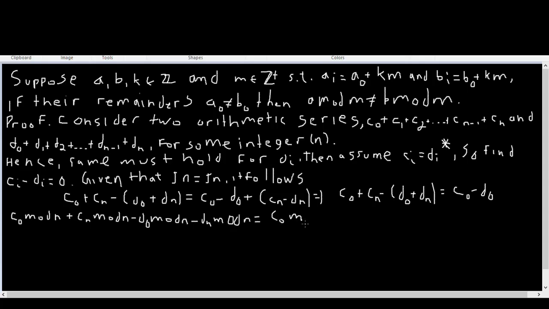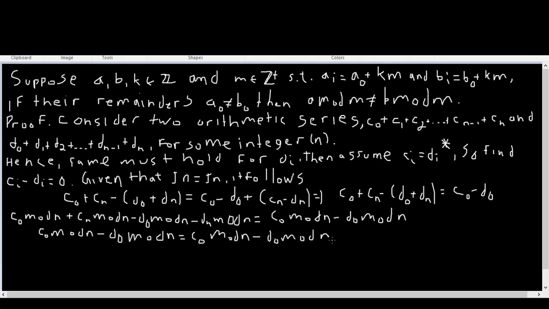Now just consider that C sub n equals D sub n, which means the terms C sub n and D sub n are equal. So if we find the difference of them, it just goes to 0.